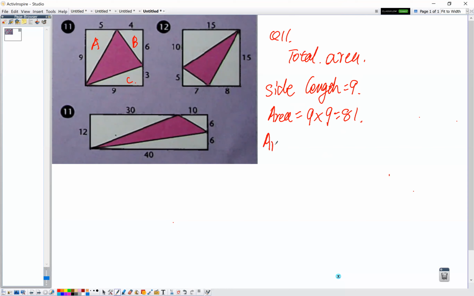And the second part, we can find out part A, B, C area. Area for A, we can use half times base times height. We can use half times by 5 times by 9 to become 45 over 2.